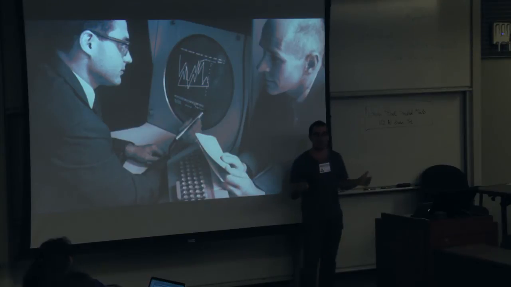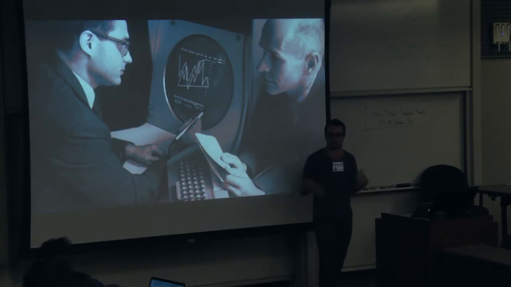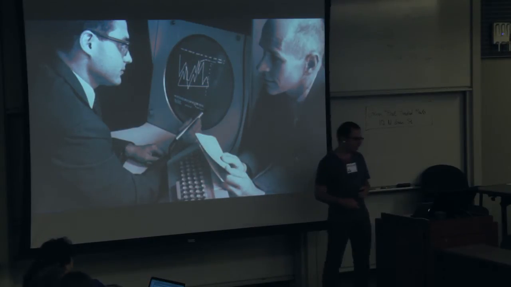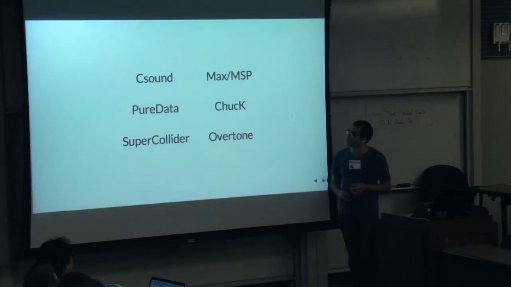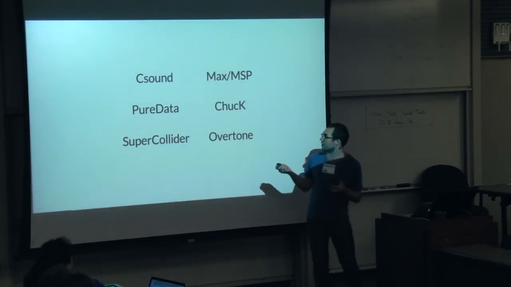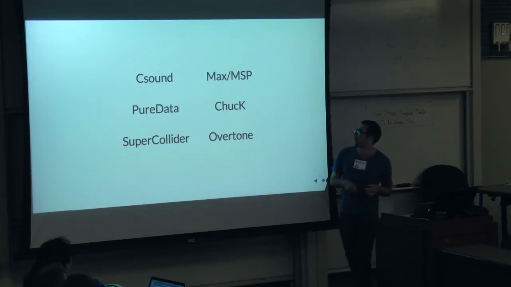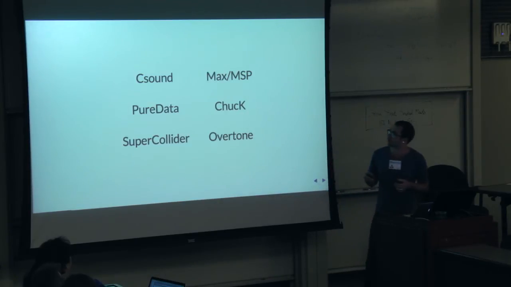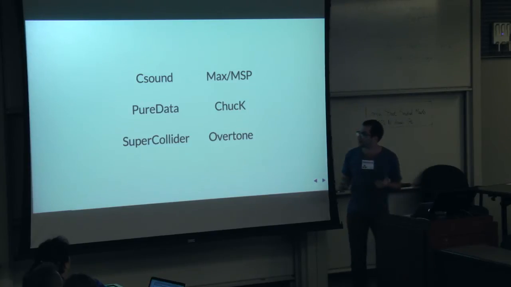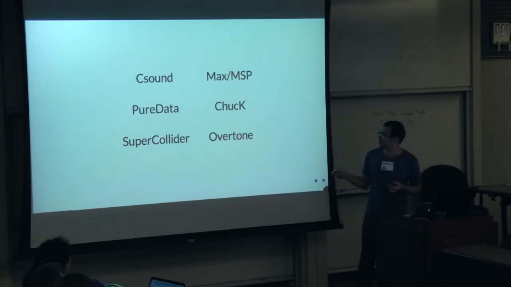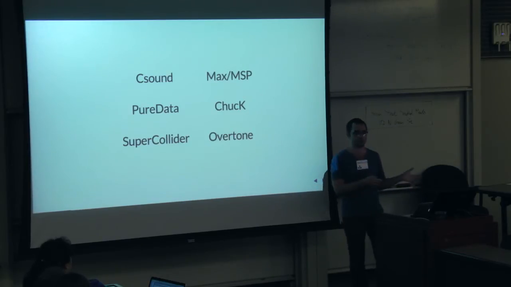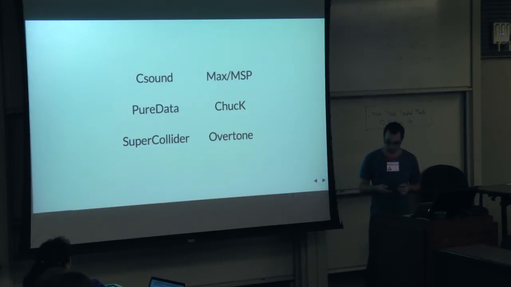There's now Csound, which is heavily informed by that and is still in pretty wide use today. There's a bunch of others. There's Max/MSP and Pure Data, which are very similar to each other, kind of graphical languages. There's ChucK, which is pretty cool, also a text-based language. There's SuperCollider and Overtone. Those are interesting because Overtone uses the same audio backend as SuperCollider, but it's a new front end in Clojure, so you can do all of the control in a more functional style.